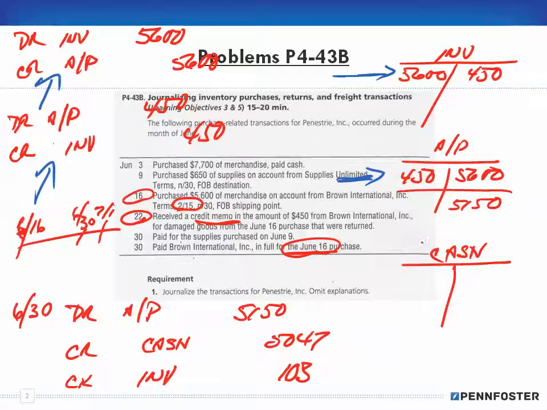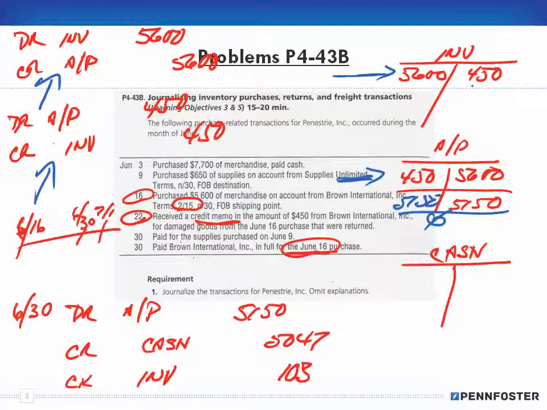Okay, so in making this journal entry, for our accounts payable, we're going to pay in full, so we want our accounts payable to have a zero balance. So I debit my accounts payable. If I post this journal entry to my T accounts, I debit the accounts payable, which means now the accounts payable has a zero balance, right?